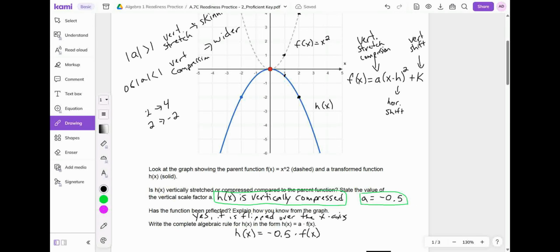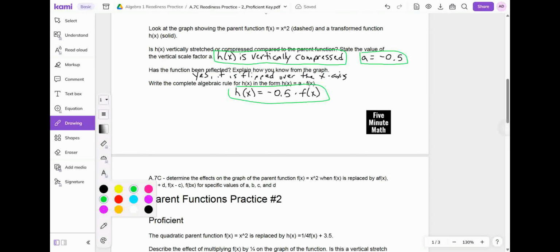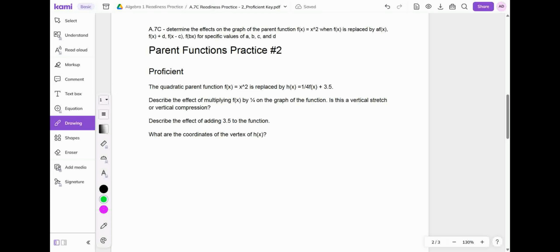So let's get some green right here. All right, for number 2, no graph, but they do give us the equation. So we have another vertical compression right here. Notice that a term, okay? It's less than 1, but it's greater than 0, so it's a vertical compression.